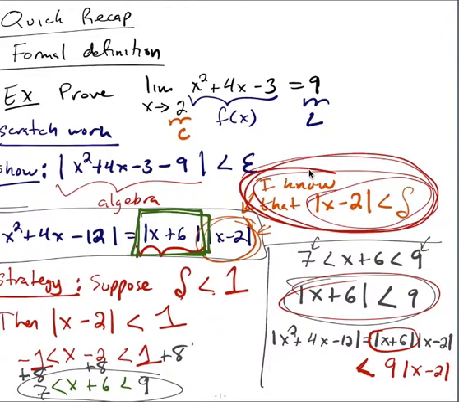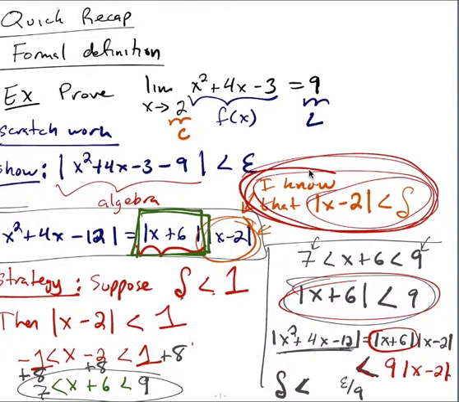What can we now say then about delta? Now that we know that, what we were trying to show was that it was less than epsilon, right? Which is this x squared plus 4x minus 12. We now know it is going to be less than 9 times x minus 2. So then what is delta going to be less than? We want it to be almost epsilon over 9, or the smaller of epsilon over 9 or 1, right?